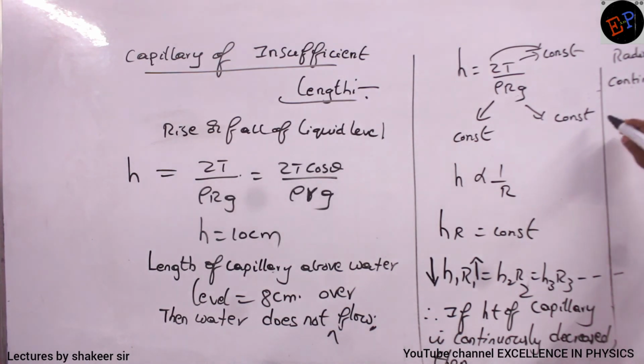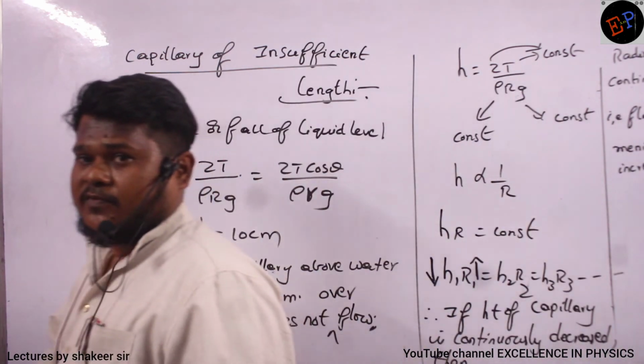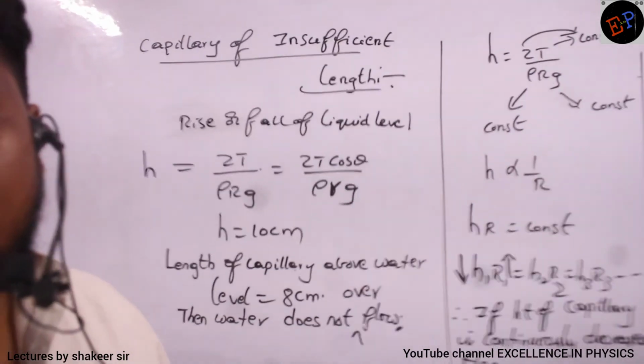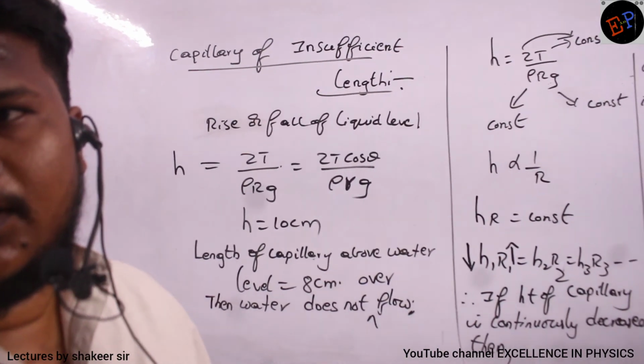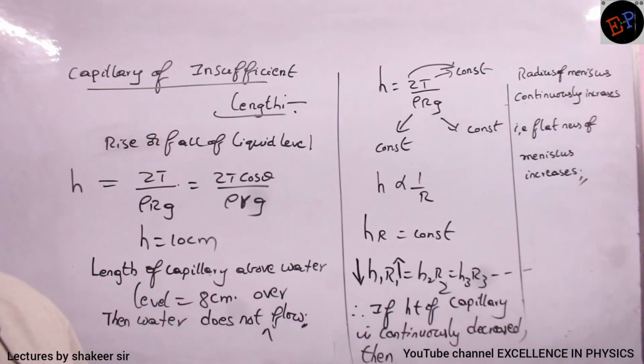That is, the flatness of the meniscus increases. This is what happens when you place a capillary of insufficient length. But the point is that overflow does not happen. Liquid never overflows. Understood?